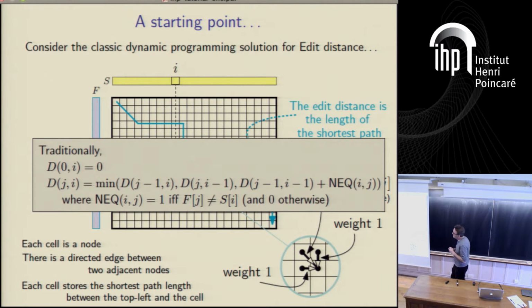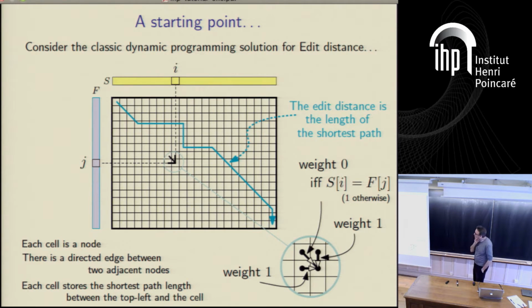The classic recurrence says that for this problem, all these values along here are going to be 0 because of our streaming setting, and the value of a particular cell depends on the one above, the one to the left, the one up and left. So it's the minimum of the one above, the one to the left, and the one up and left plus 1 if the two symbols are different from each other, this one and that one, plus 0 otherwise. Okay. Right.